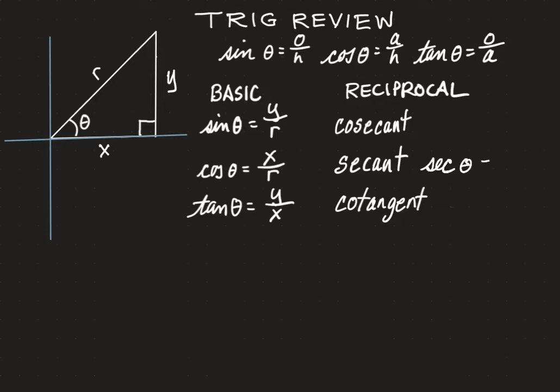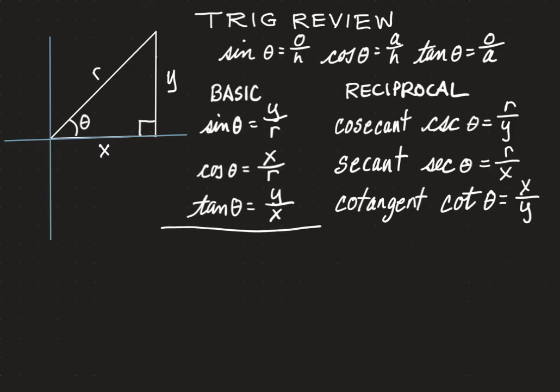The secant of theta equals r over the adjacent side, x. Cosecant is abbreviated CSC, so the cosecant of theta is equal to r over y. And cotangent is abbreviated COT. The cotangent of theta is the adjacent over the opposite, which is the reciprocal of tangent.